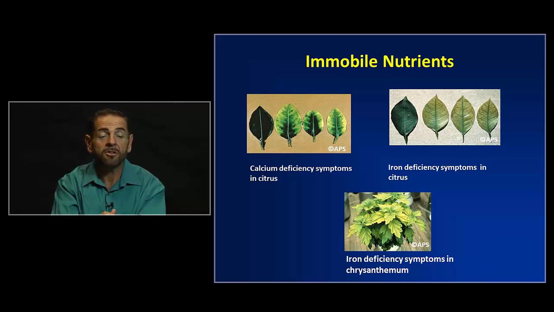Now with iron and some of these micronutrients, when you apply the micronutrients to the soil or foliar, oftentimes you will get a recovery of that tissue and it will grow normally. But sometimes that isn't the case if the symptoms are too far gone.